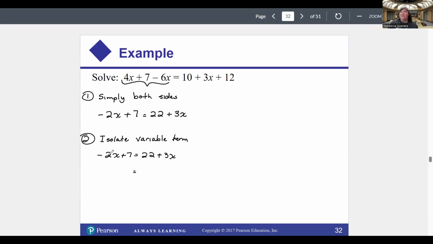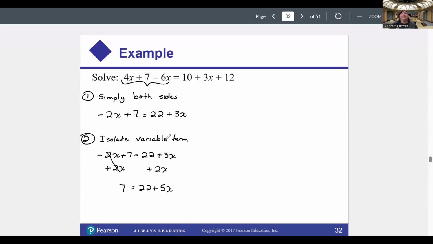We can move the term with an x to one side, or you can move the other terms, whichever you want to do first. Because this is already negative, I'm going to add 2x here to get rid of that negative 2x. And what I do to one side, I have to do to the other. So these cancel, I'm just left with my 7 here. I still keep my 22 plus 3x plus 2x, which is 5x.